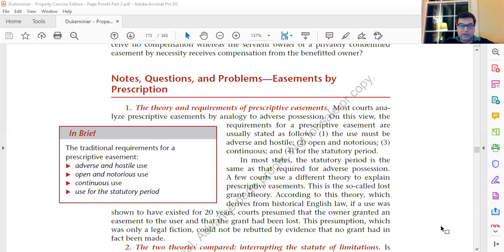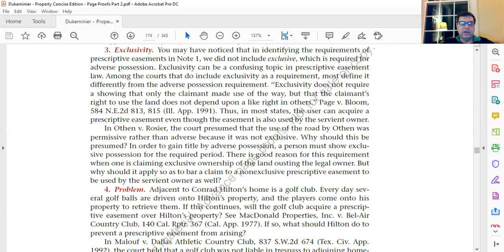Notice the elements listed in note 1 here on what must be established to demonstrate the existence of a prescriptive easement. Notice that they don't list exclusivity in that list, but they do get to exclusivity over in note 3. And basically what they say is that exclusivity is not required in some jurisdictions, and it makes sense maybe that it isn't, because you're not trying to establish that you own the land, you're simply trying to establish a right to use it along with the true owner.